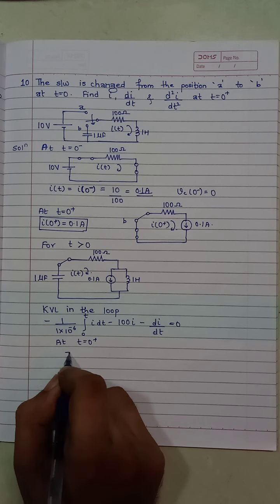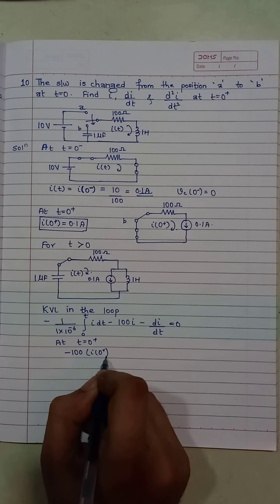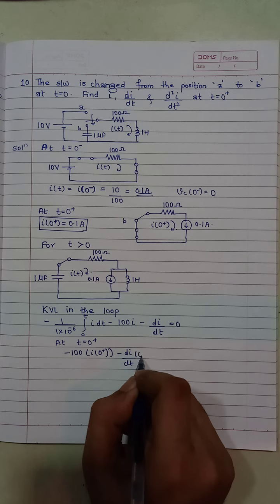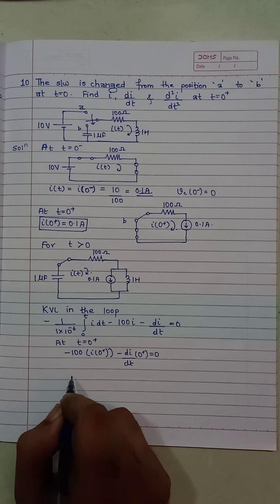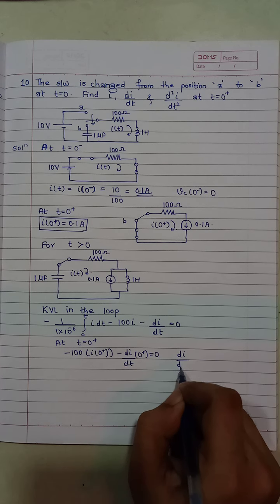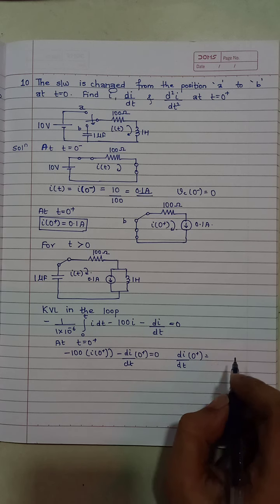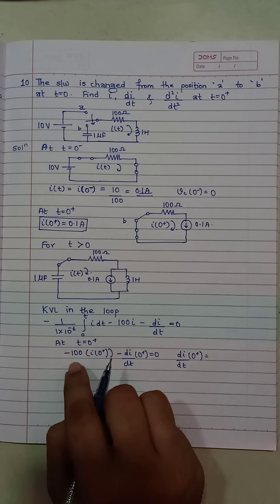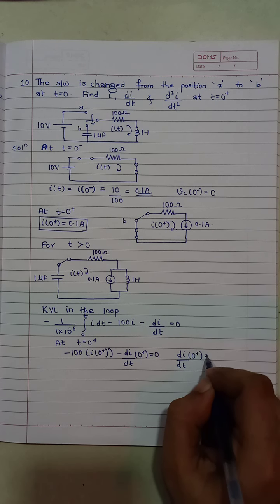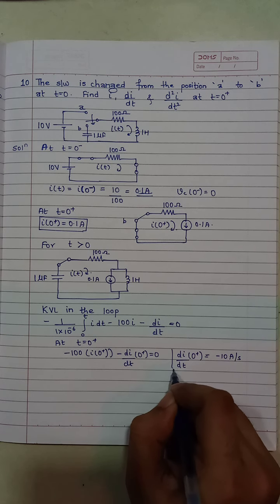So minus 100 into i of 0 plus minus di by dt at 0 plus equals to 0. So you can find di by dt at 0 plus will be minus 100 into i of 0 plus, which is 0.1. So I will get it as minus 10 amperes per second.